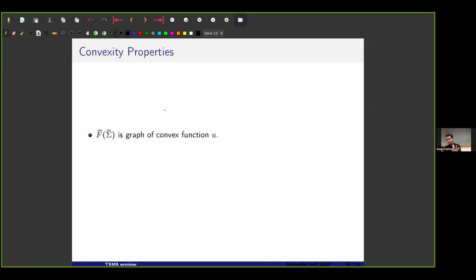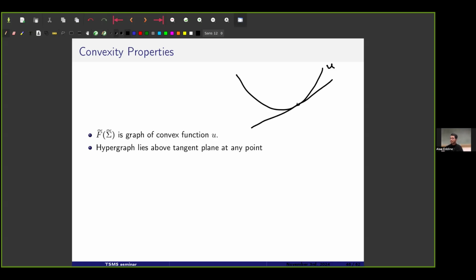So remember that, as we said, the image is a graph of a convex function over R2. And by convexity, if you take the convex function U and you take any point in the graph, the hypergraph will lie above the tangent plane, okay? We will use this.